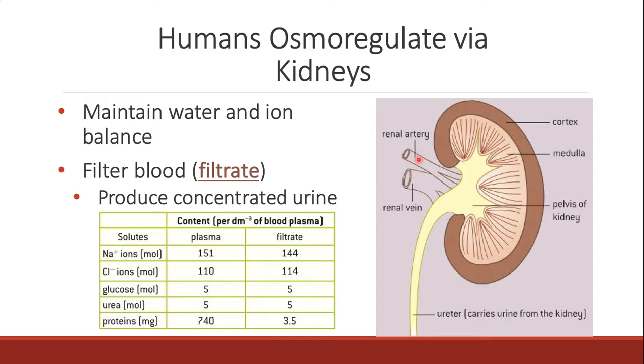Those are all in our blood, but they do not go into the kidney. They actually swing right back out, and they return to circulation through the renal vein. So proteins do not end up in the kidney because the kidney is a fast track to the ureter and to the bladder, and we try not to throw our proteins out of our body because we made them and we probably need them for something.